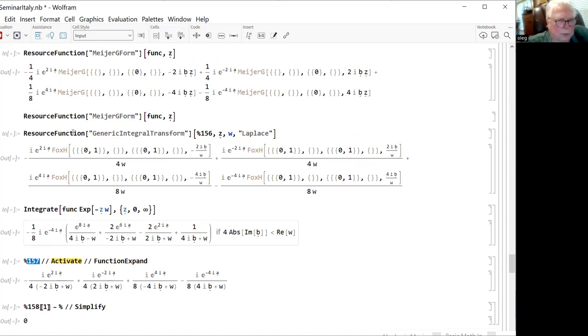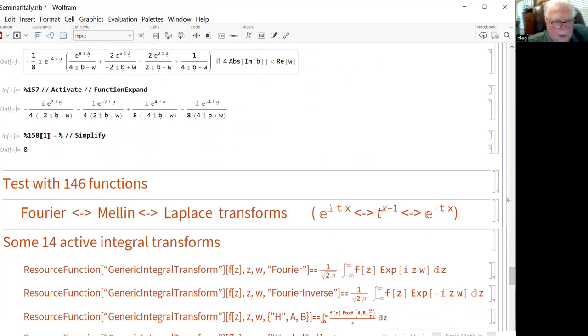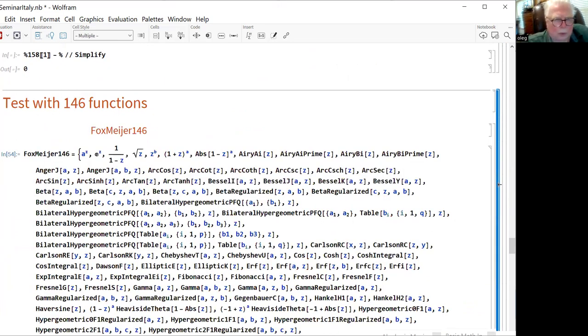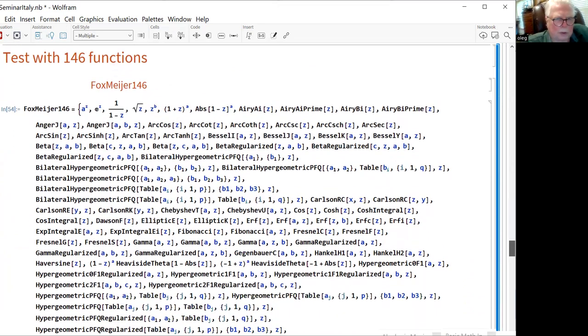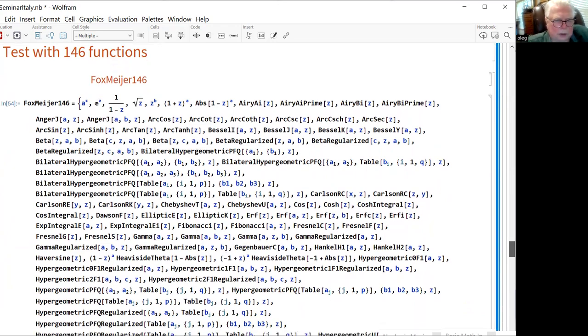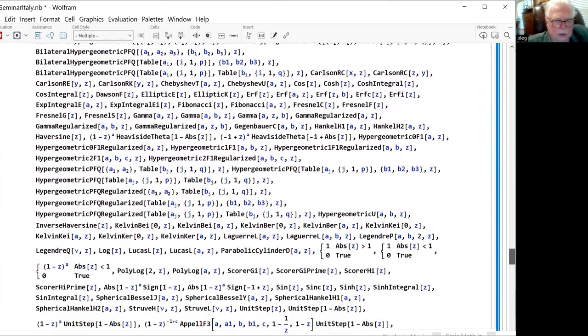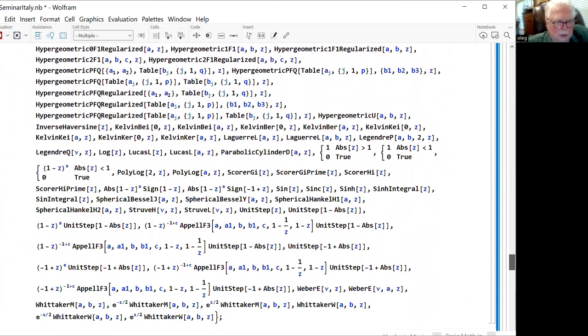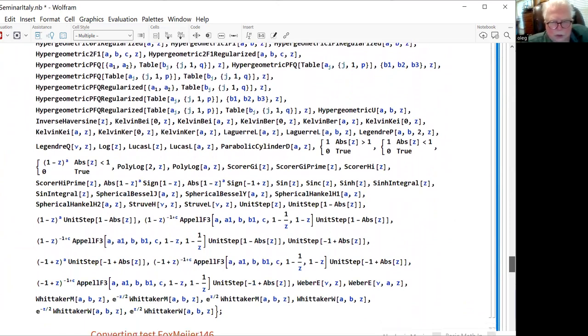But you can repeat my evaluation and fix this, removing these numbers. Yeah. Now we can start to talk about the test. The test here has only 186 functions, and you see all these functions.